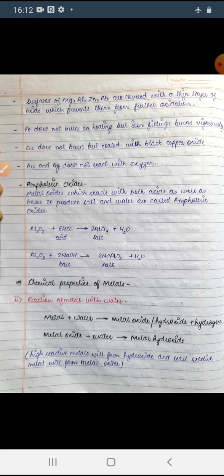In the same manner, when a metal oxide reacts with both acids and bases, they produce salt and water, and that's why they are known as amphoteric.